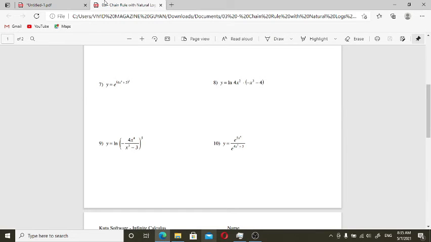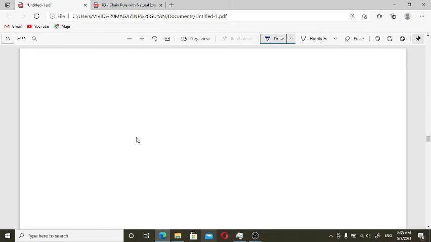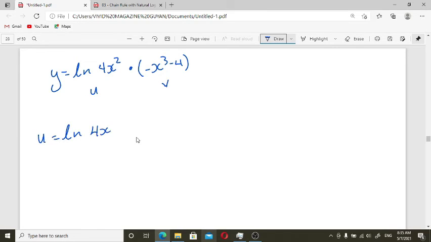So y is equal to ln 4x squared times minus x cubed minus 4. So y is equal to ln 4x squared, that means multiply, minus x cubed minus 4. So right away this is a uv situation. So u is equal to ln of 4x squared.